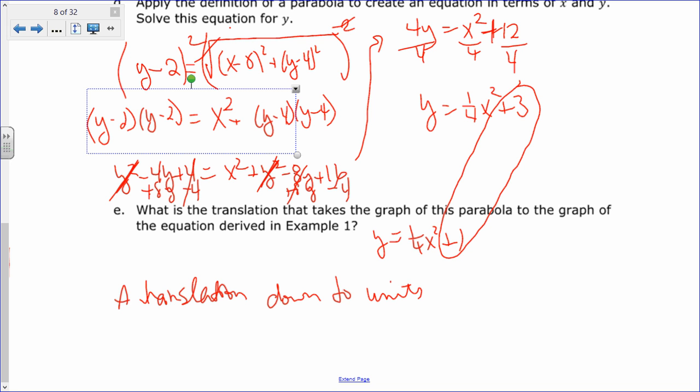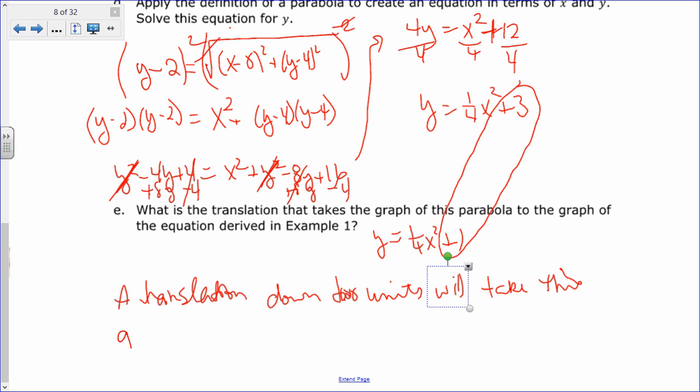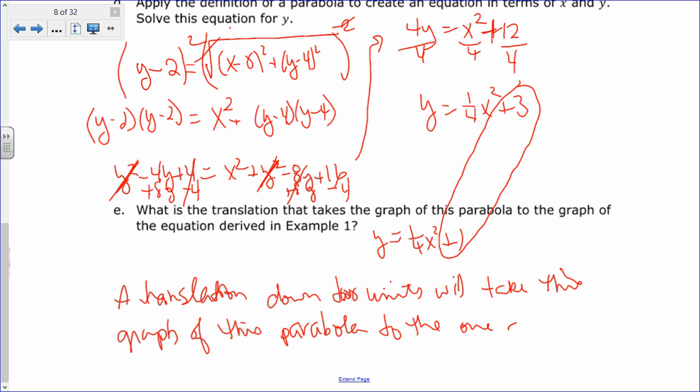So a translation down 2 units will take this graph of this parabola to the one derived in example 1.